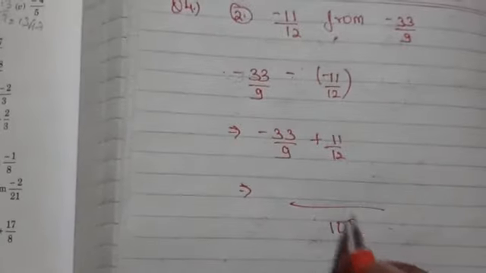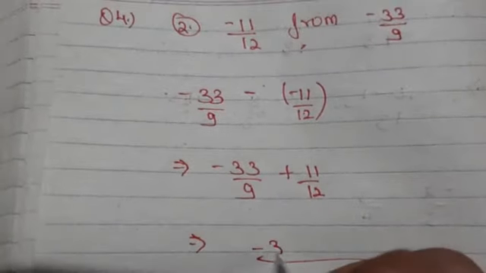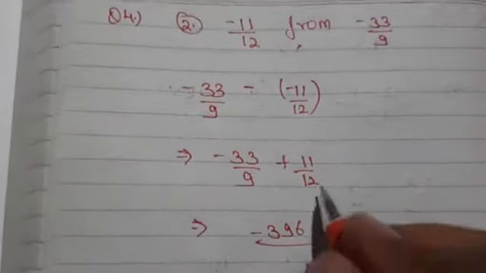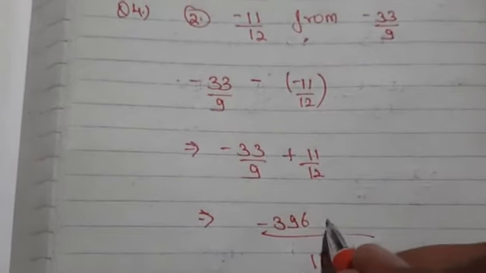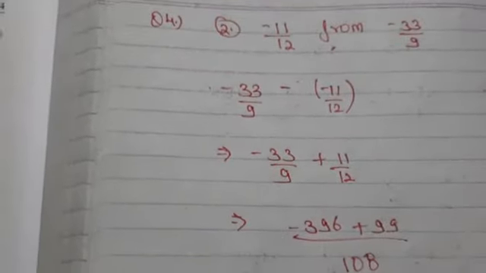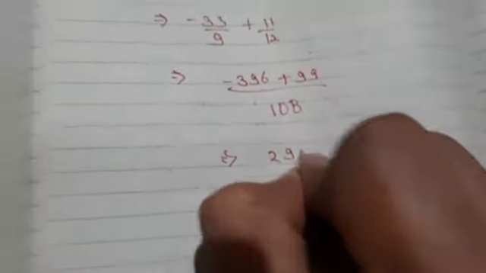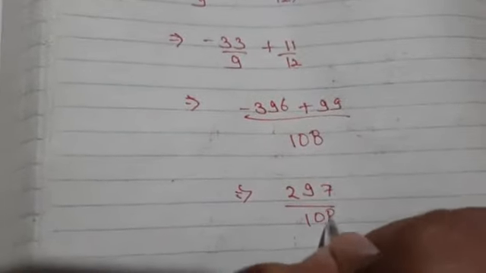So if you solve it, you will get 12, 9, 9, 99. Minus 396 plus 99, that is 297 upon 108.